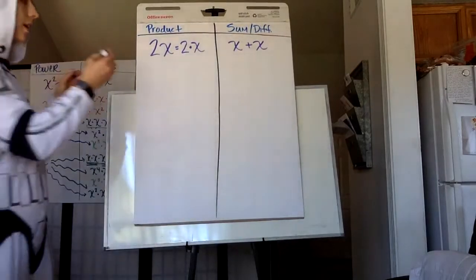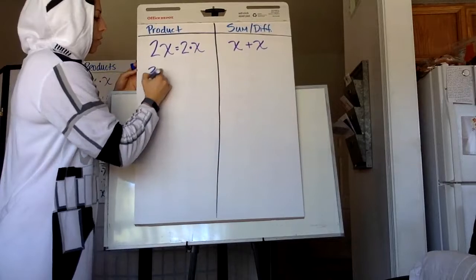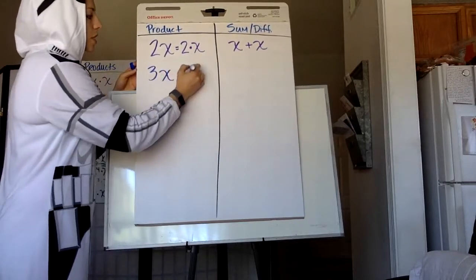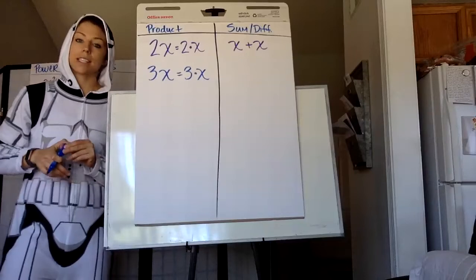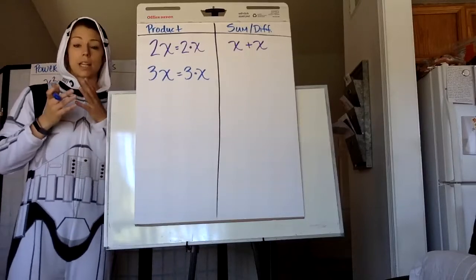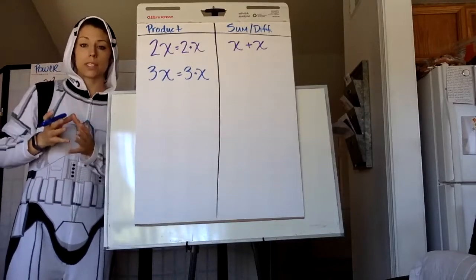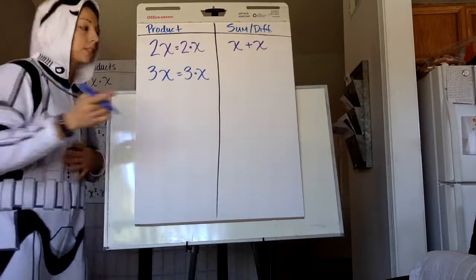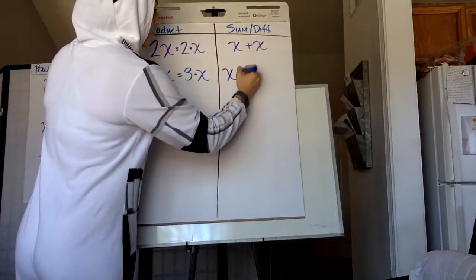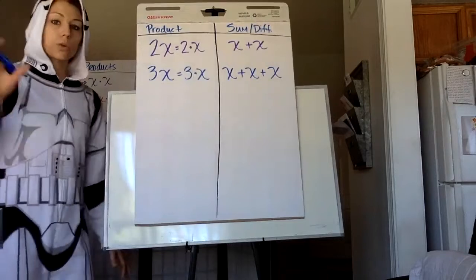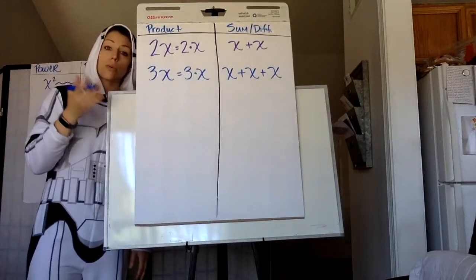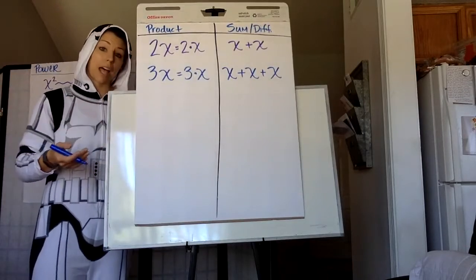So what about this one? What about 3x, which is 3 times x? How would we write that as an equivalent sum? Well, this is telling me that I'm adding x to itself 3 times. So that would be x plus x plus x. Just like we were doing with our products, is there another way to write this as a sum?